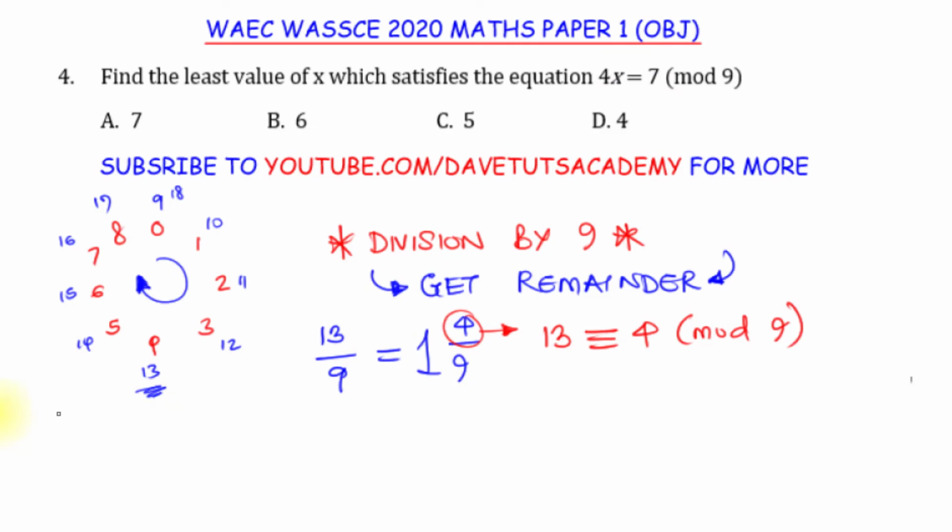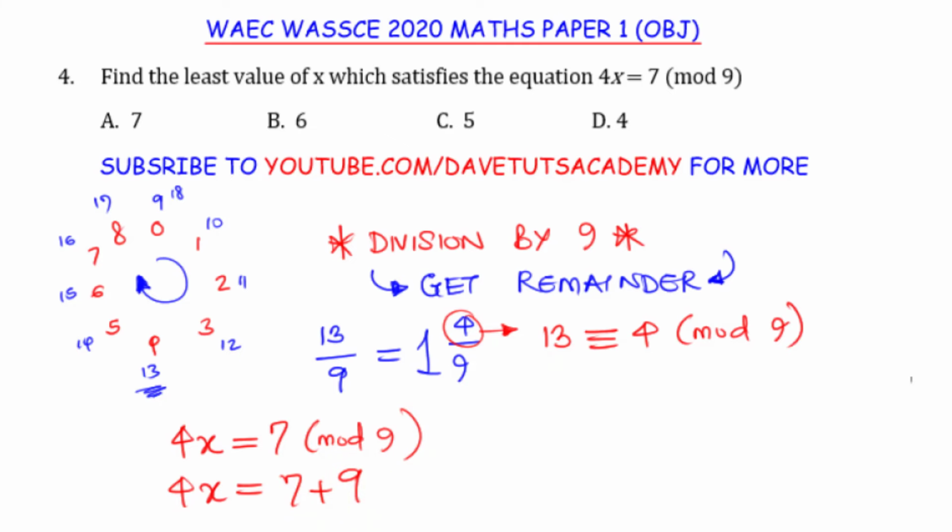So for this question, 4x is equal to 7 under mod 9 is nothing but saying we have 4x is equal to 7 plus 9. That is the least value. If it's the second value, it will be 7 plus 18. If it's the third value we are looking at, it will be 7 plus 27, those multiples of 9.